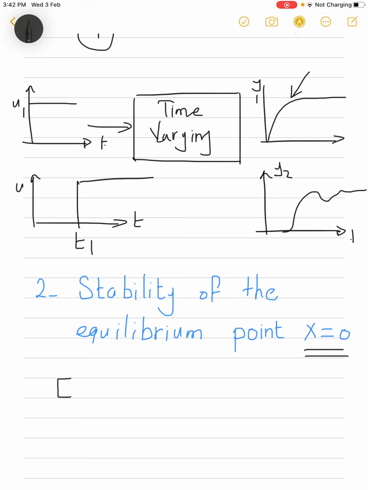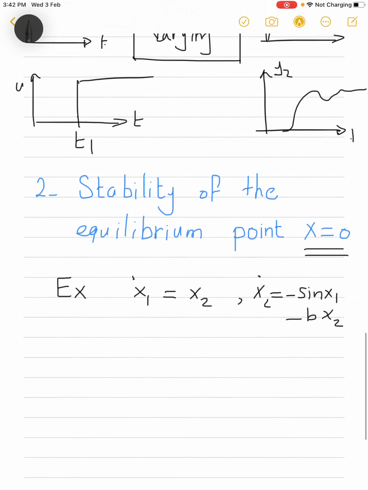So let us consider a second order system, x1 dot equals x2 and x2 dot equals minus sine x1 minus b x2. These two equations actually mimic the modeling equations of the pendulum.